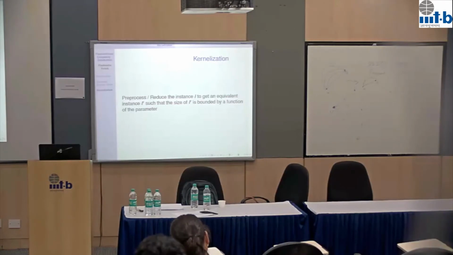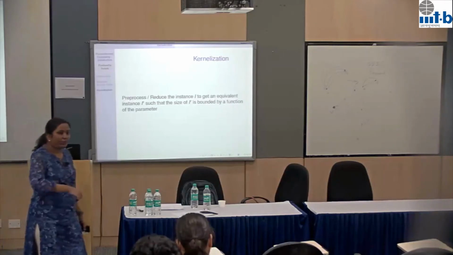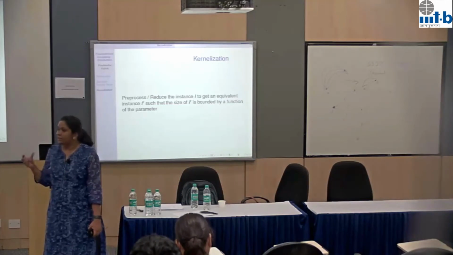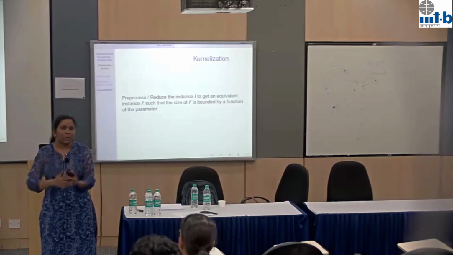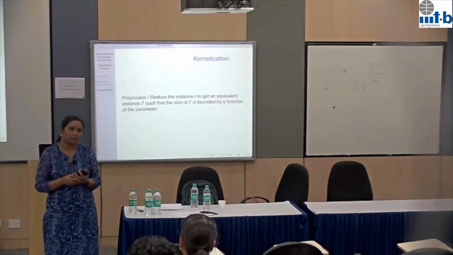Of course, you cannot go on doing that. Why? Because these are NP-hard problems. You cannot keep on reducing the problem until it becomes constant size, since then it would be polynomial time. So obviously you cannot do it till the instance becomes very small. But our idea is we continue pre-processing till the reduced instance is of size a function of k, some g of k.